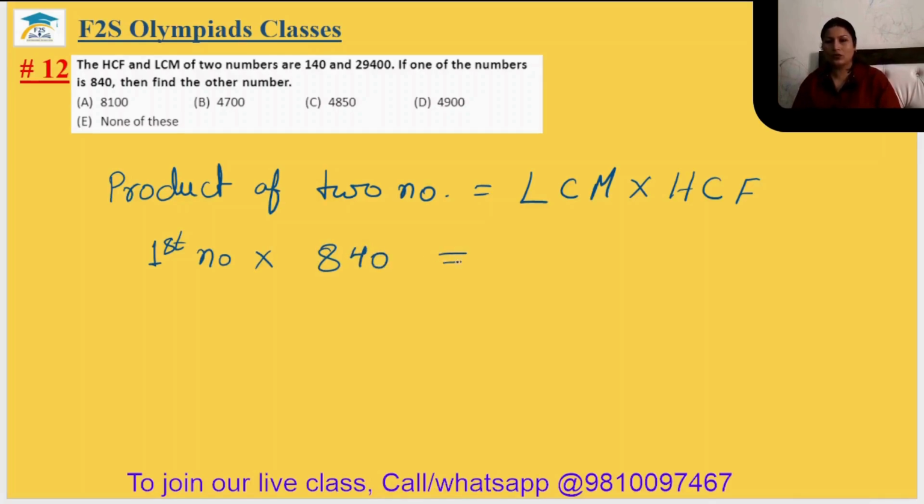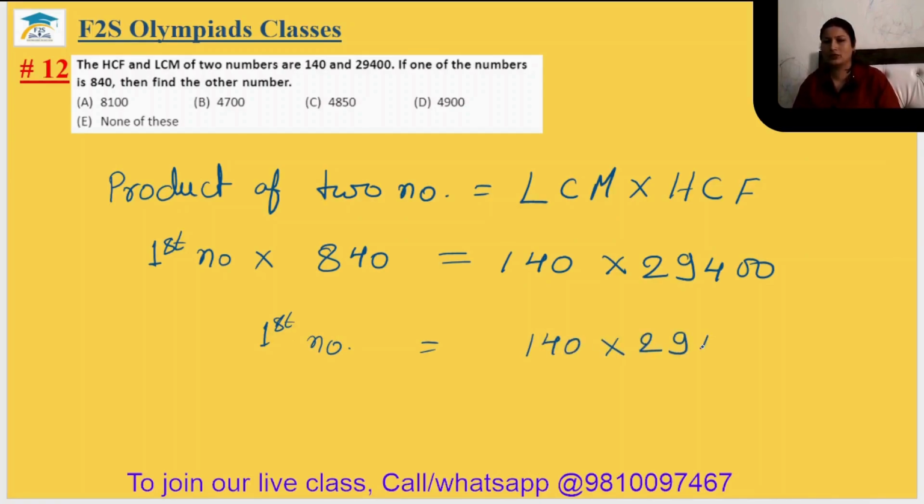840 equals 140 multiplied by 29,400. So first number equals 140 multiplied by 29,400 divided by 840.